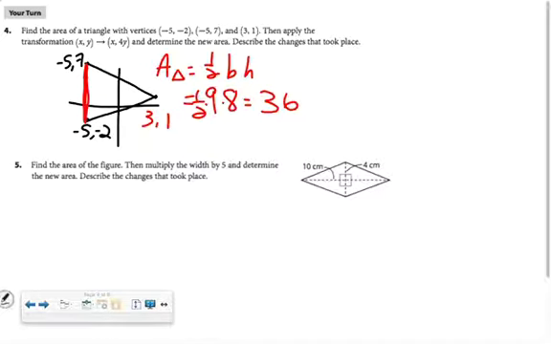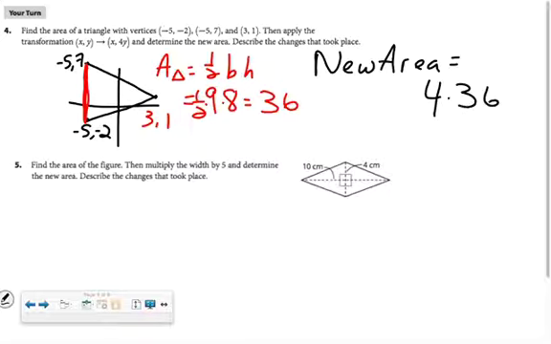So even without doing the calculation, the new area will equal 4 times the old area. So it's going to be 144. And these are square units. And that's it.